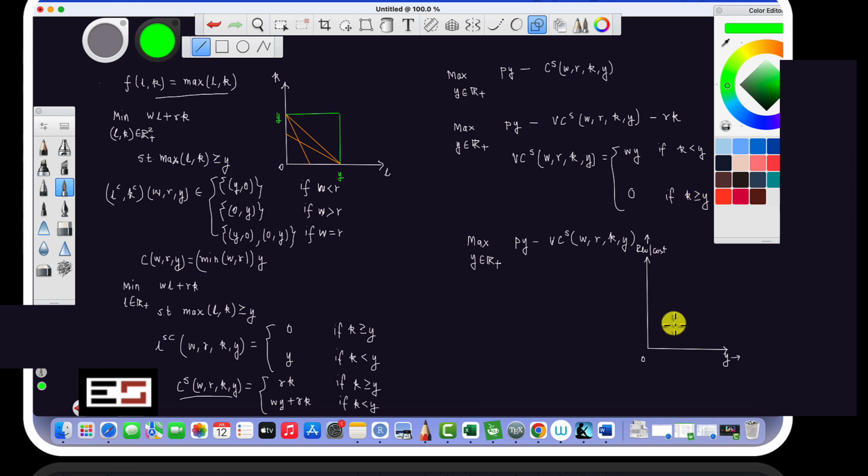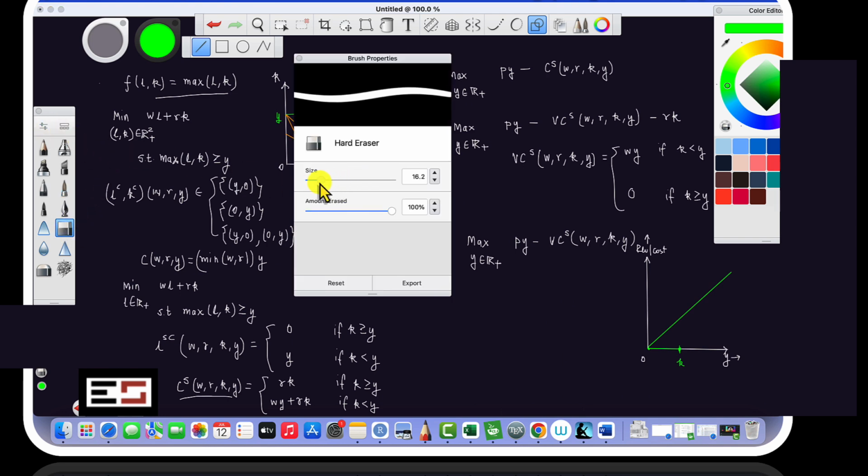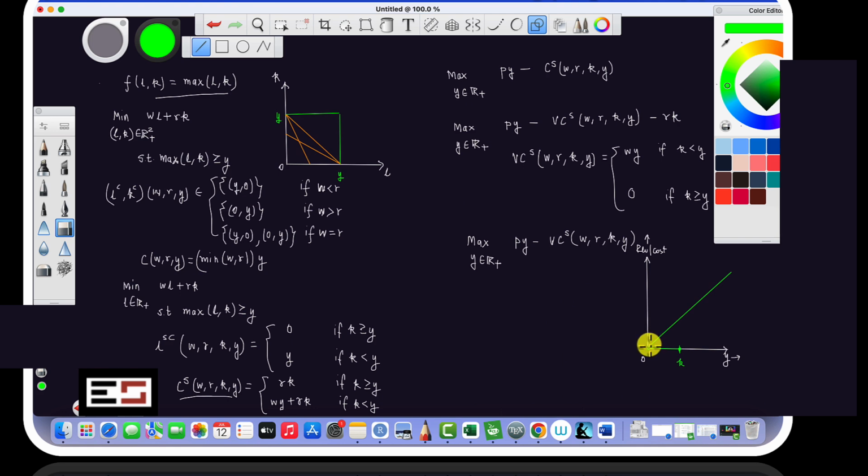It's 0 till k, and beyond k it is wy. If you have a line of slope w, this is how it's going to look, and we can remove this portion of the line, because that's where variable cost is 0.